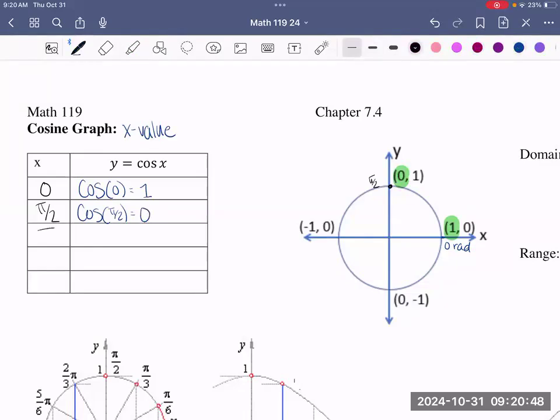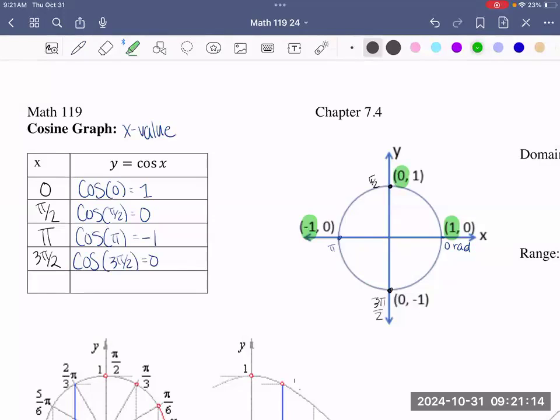And then at pi, if we plug cosine of pi in, looking at your x coordinate for cosine when it's at pi, it is -1. If we did the same for 3 pi over 2, 3 pi over 2 being right here, your cosine value of 3 pi over 2 is 0.